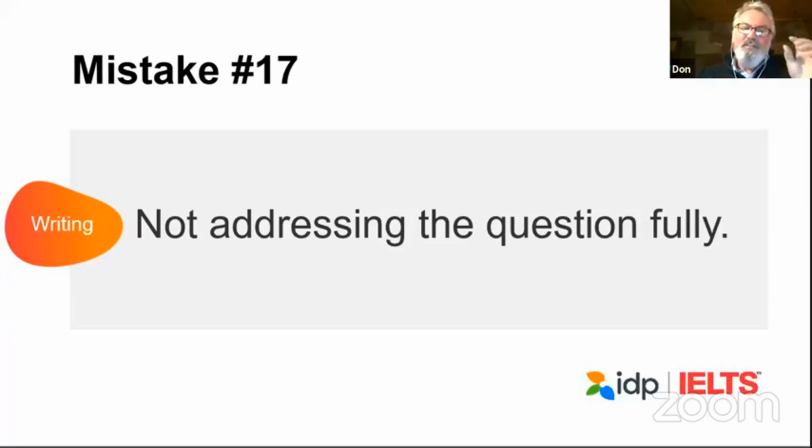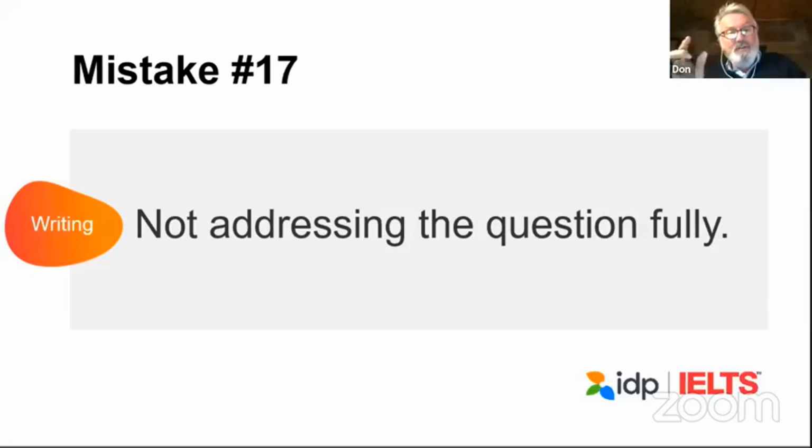So don't forget to include the key features. Don't forget to include an overview in academic task 1. In general training task 1, don't forget to include all of the bullet points that you are asked to address in the task. If you leave out one, you will only get a band 4 for that first criterion.